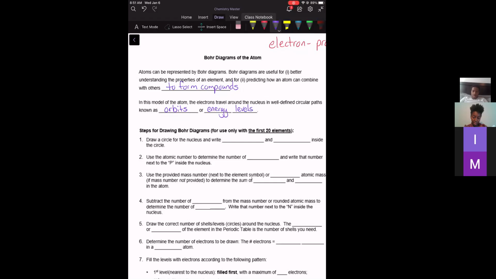Anybody remember what else I've called them? Shells. And then usually what you hear me say is rings, okay? All right, but any of those, if you say orbits, energy levels, shells, rings, it's just where the electrons are. So this is where the electrons travel around the nucleus, okay?